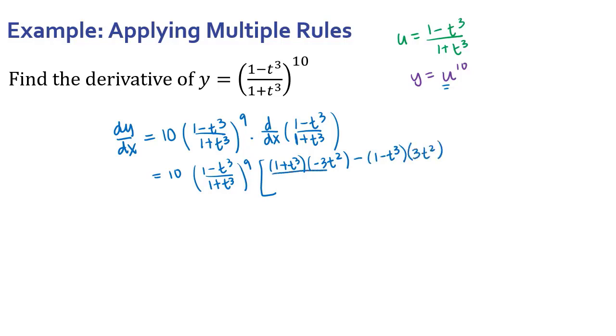And then that's all over (1 plus t cubed) all squared. We're going to leave it just like that. You could totally go through and simplify this more, but we'll leave it at that.